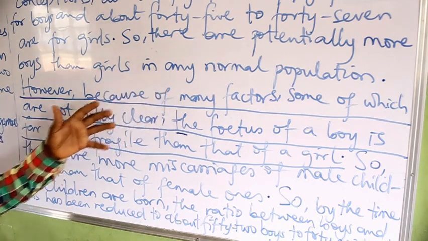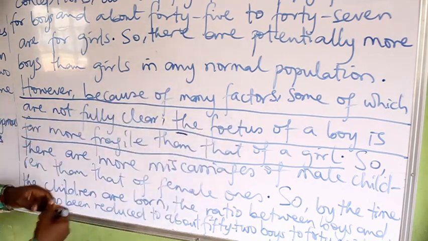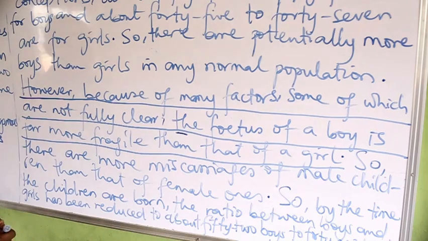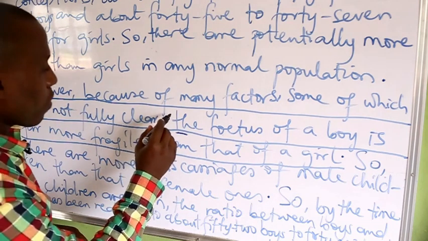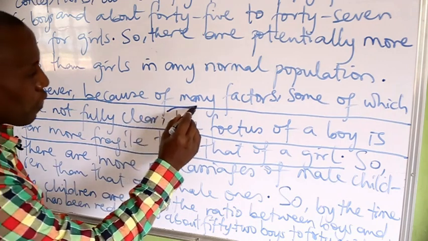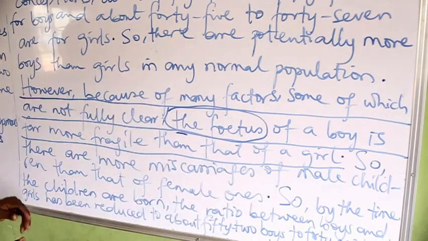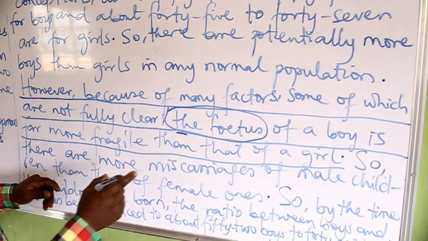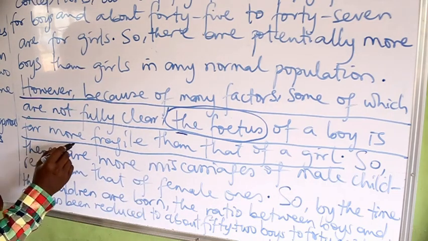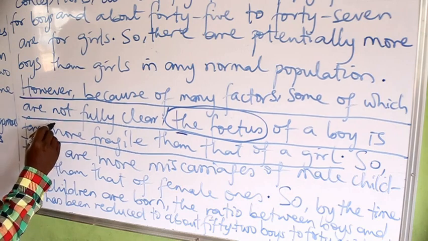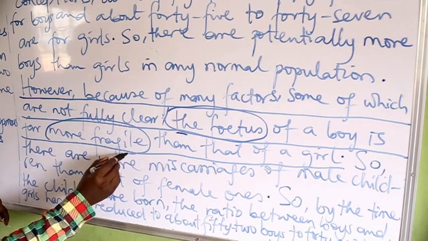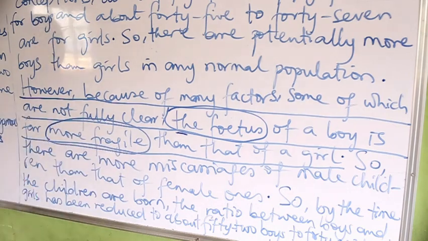So which of these words here would you consider as most important? Now you have to circle. You agree with me that this is important. You also agree with me that more fragile here, this. And so, this is it.